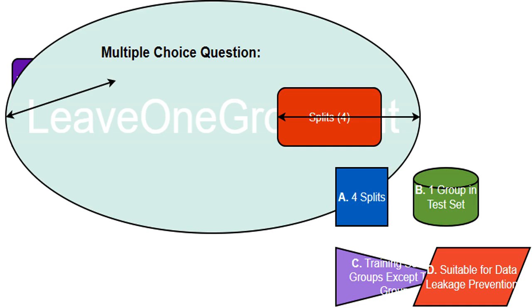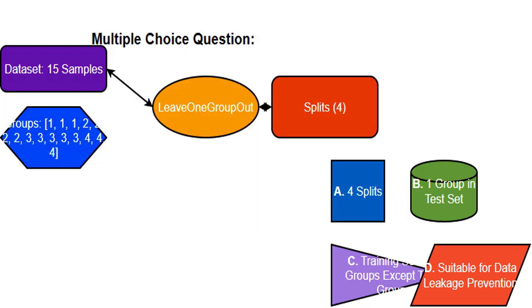This is how LeaveOneGroupOut ensures group independence during model training and evaluation. This is true. By keeping groups separate, I make sure that my model isn't accidentally learning patterns from the test set. That would be data leakage. LeaveOneGroupOut is a great way to avoid this.